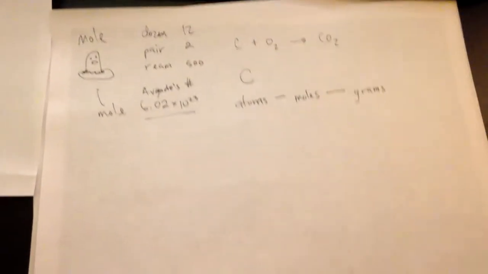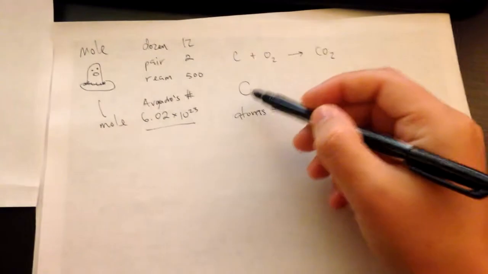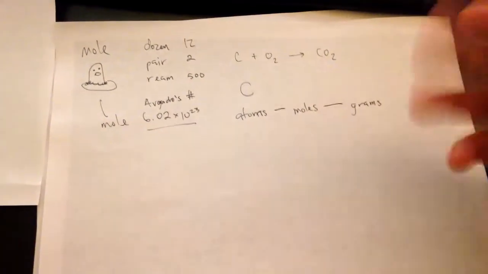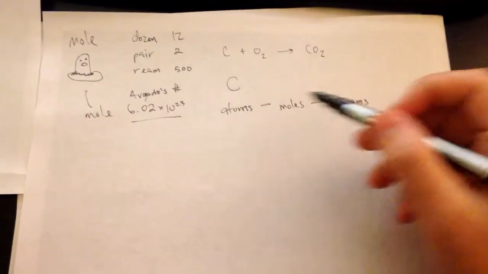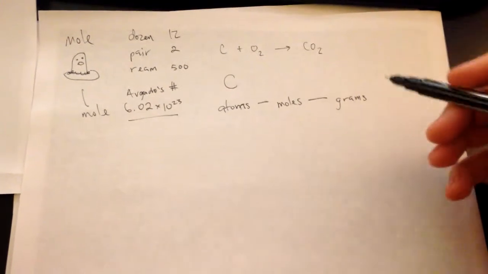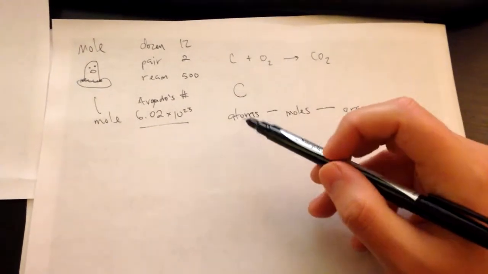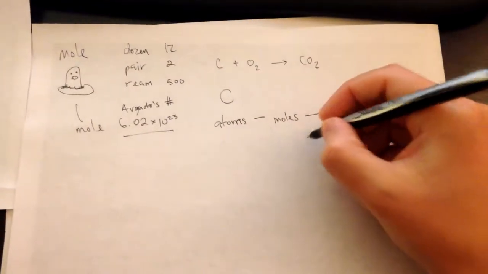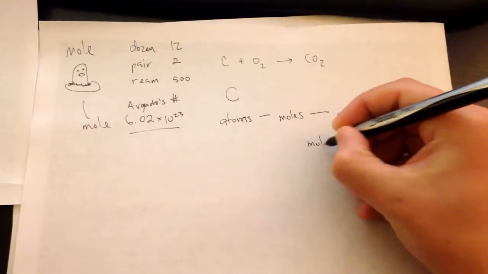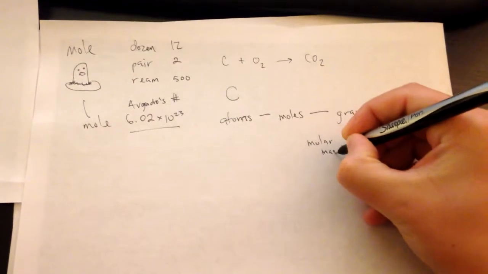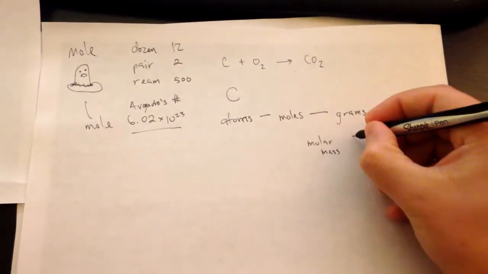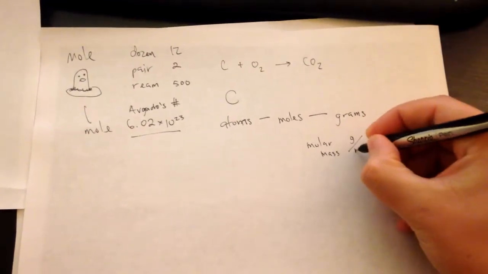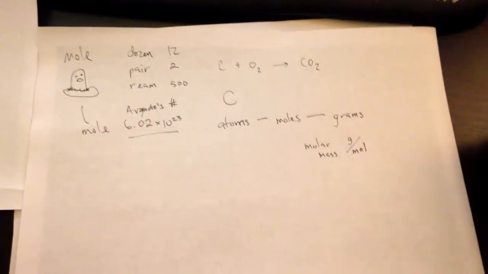So let's say you have carbon, and you want to move around between atoms, moles, and grams. Mass, and then moles, and then individual atoms. Your teacher talks about molar mass, right? And that is a direct conversion of grams to moles.